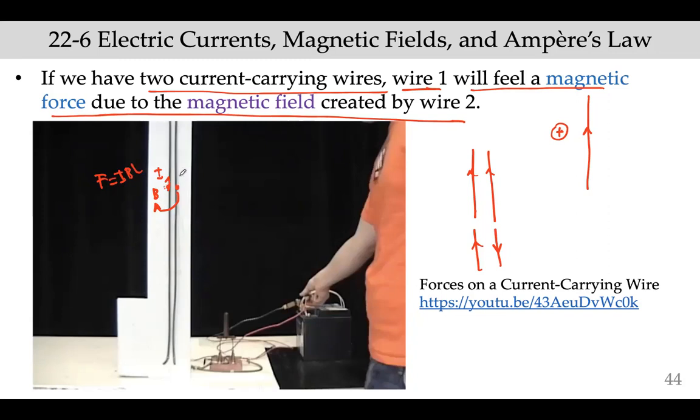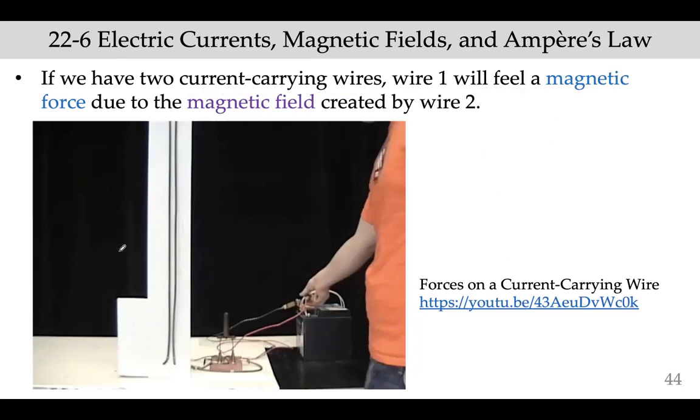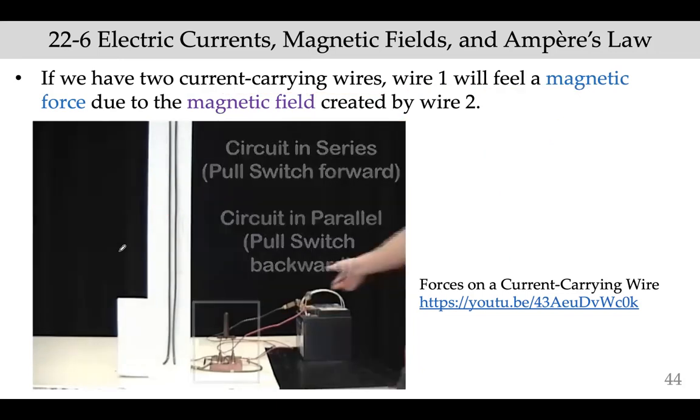Now the same thing applies to wire 2 as well. Wire 1 will create a magnetic field here. Wire 2 also has current up or down. In either case, it will feel a force. So these two will feel force because of the magnetic field that is created by the other wire. So what happens when you run current in both of them?